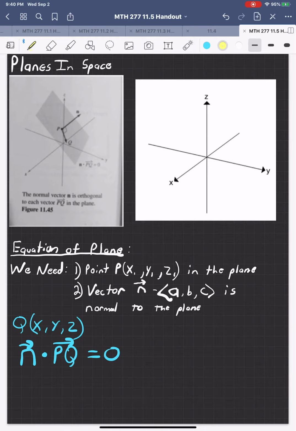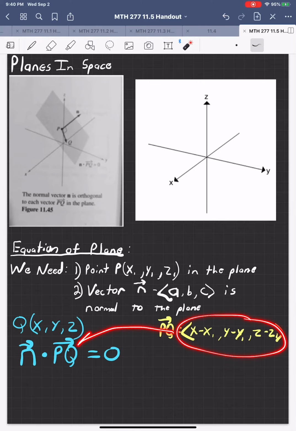Let me just go ahead and define P to Q. In component form, that's going to be x minus x sub 1, y minus y sub 1, z minus z sub 1. And here we go. Let's plug in for P to Q. Let's plug in for n. All right, at that point, you take the dot product, and you have your equation.